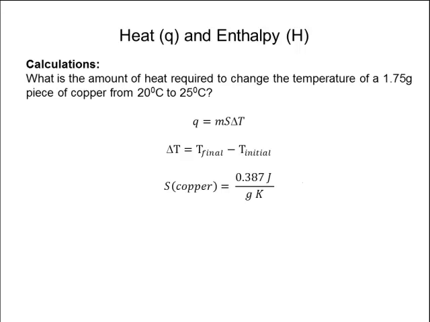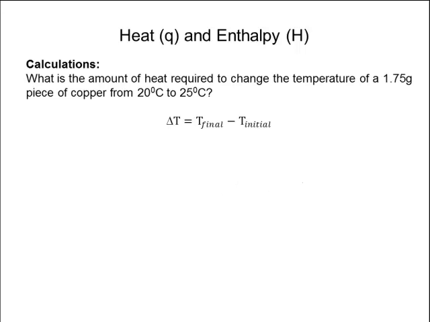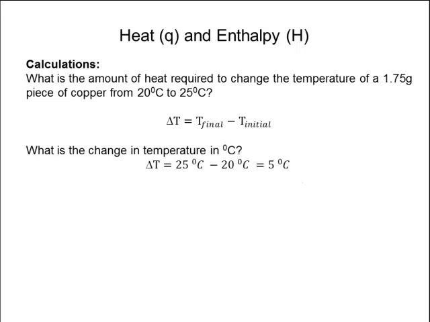One thing I will probably have to go to my table and look up is the specific heat. But as long as I'm dealing with copper, that specific heat capacity is always going to be 0.387 joules per gram Kelvin. Now, one thing I want to point out when you're thinking about delta T equal to T final minus T initial: if I want to know the change in temperature for this problem in degrees Celsius, I get 25 degrees Celsius minus 20 degrees Celsius is equal to 5 degrees Celsius.